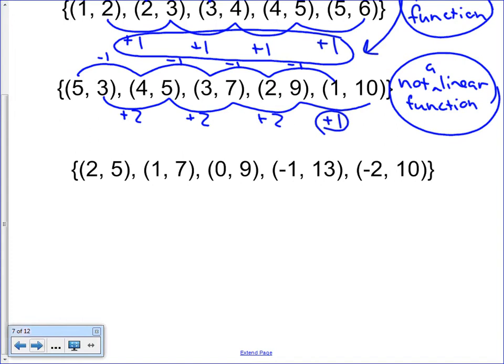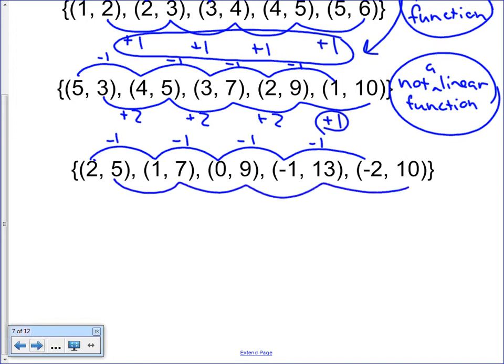Let's take a look at the last one. So we go from 2 to 1 to 0 to negative 1 to negative 2. So we go down 1, down 1, down 1, down 1. The x values are okay. And actually on the homework, I don't think the x values will have a different pattern, but make sure to double check. Looking at the y values, we go from 5 to 7 to 9 to 13 to 10.